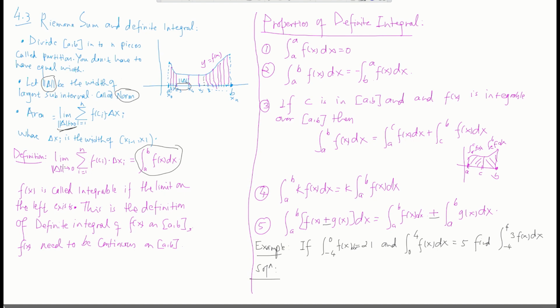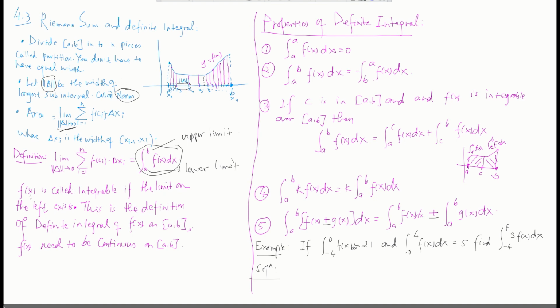So we define that as the definite integral of f of x between x equals a and x equals b. We call a the lower limit of the integral, and b the upper limit of the integral.